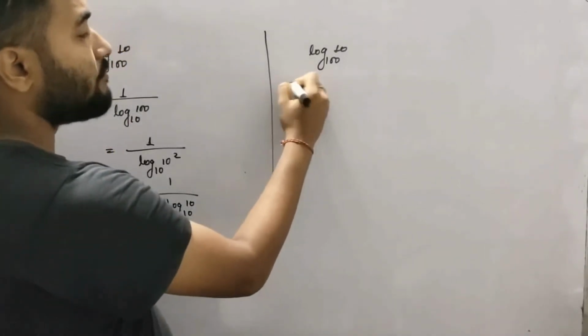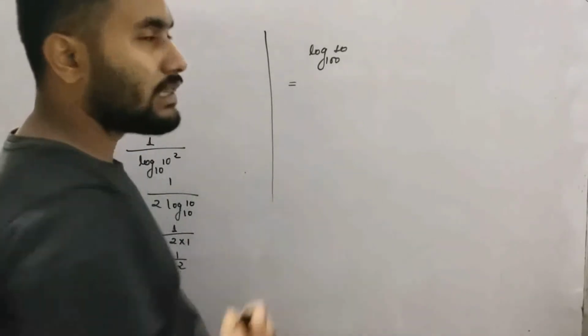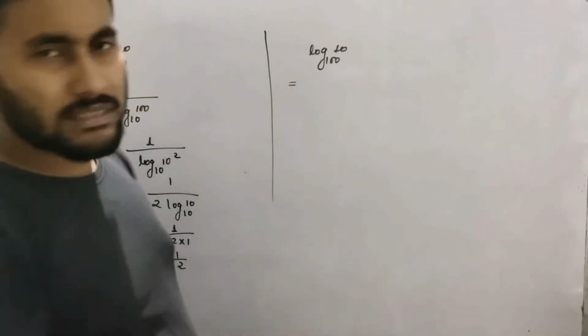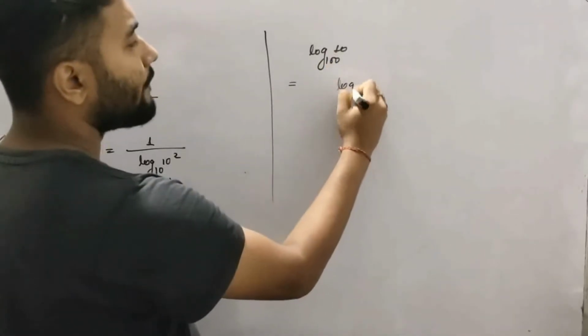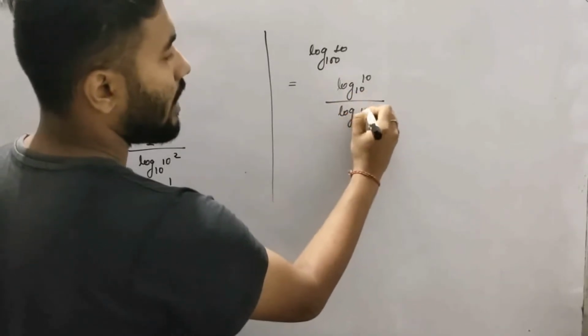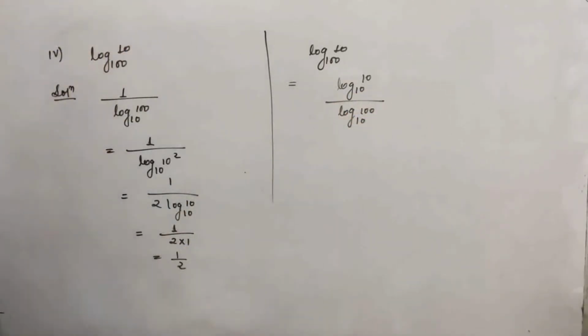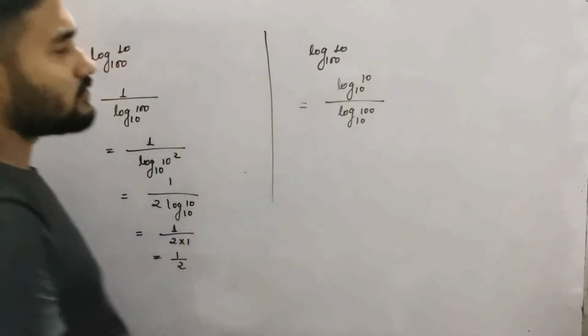So again apply the change of base formula. By that way also we can do. Say I want to make the base 10. 10 will be the common base for 100 also and for 10 also. So I can do it like that also, log 10 base 10 over log 100 base 10. Just now we have applied the change of base law, the 4th law. I have changed the base to 10.